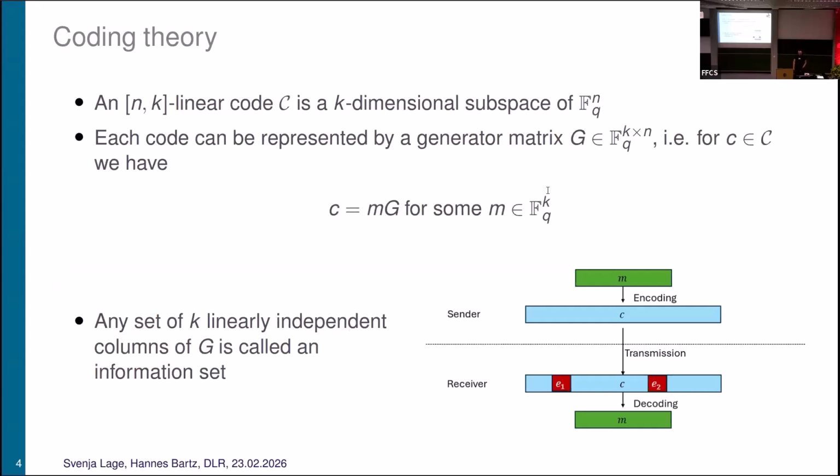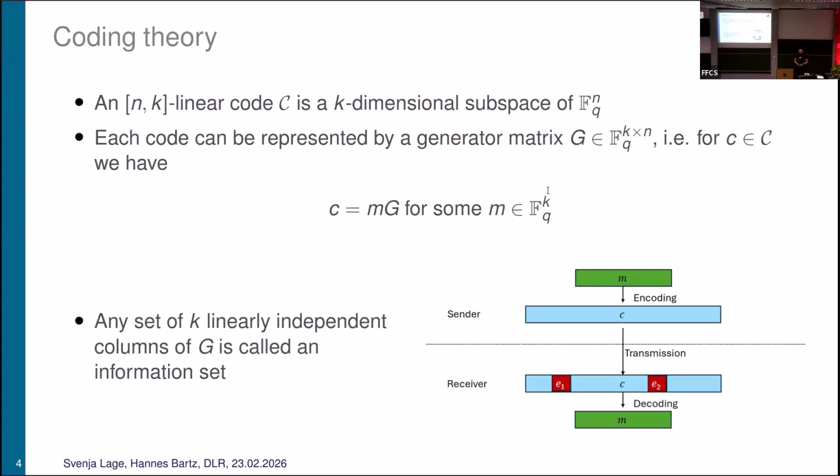Okay, so just to get some notation together, we consider a linear code C, of length n, dimension k. So that's a k-dimensional subspace of this vector space over F_q, where F_q is a finite field of order q. And the nice thing about linear codes is we can represent it by a generator matrix. So basically the rows of G are simply a basis for the considered subspace.